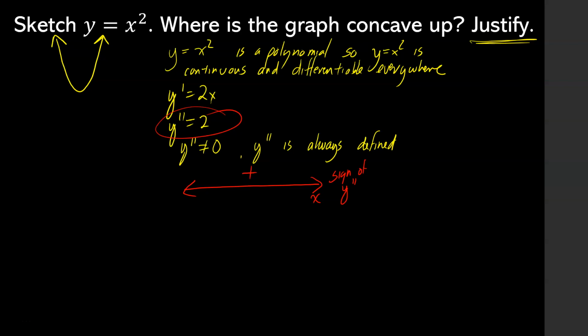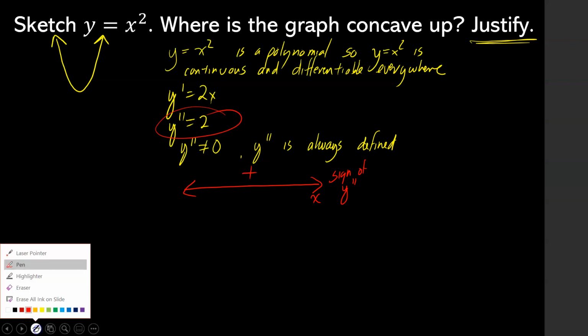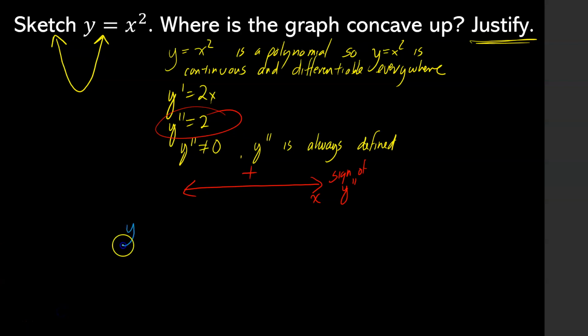Okay, so I think we're ready to write our answer. Let's get another color to make that pop. y equals x squared is continuous. y double prime is greater than 0 everywhere, or always.